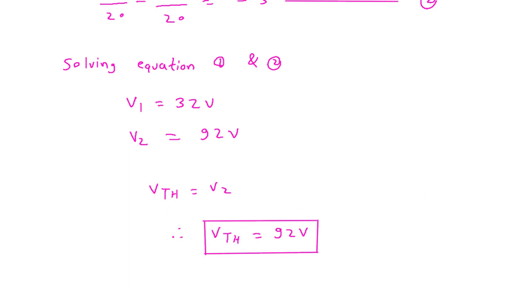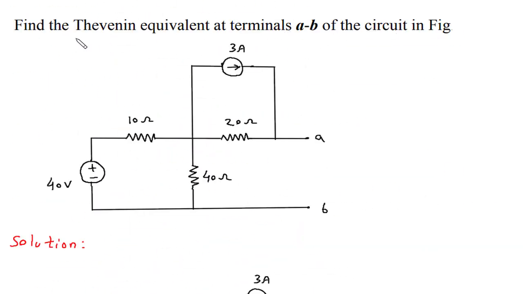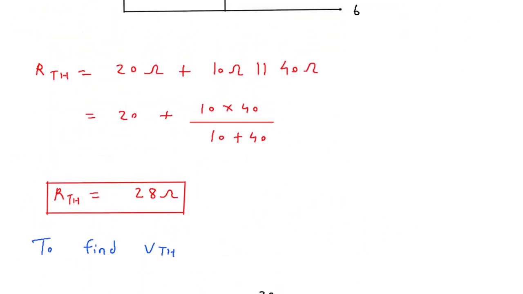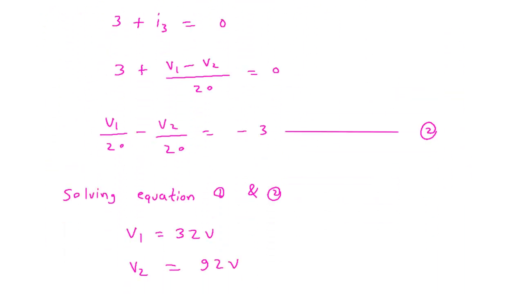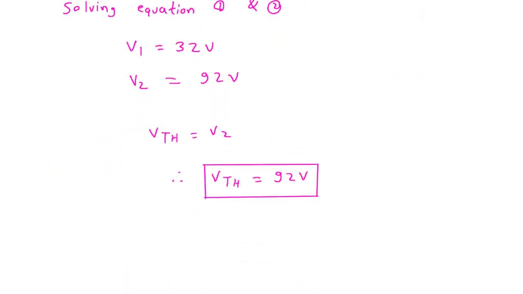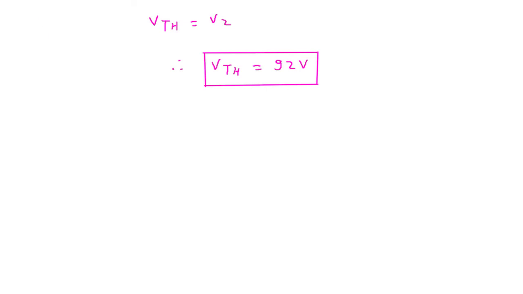What we have to find? We have to find Thevenin equivalent at terminals AB of the circuit. So to find Thevenin equivalent circuit, we need RTh. This is the value of RTh, 28 ohm, and VTh is 92 volt. Its Thevenin equivalent circuit will be Thevenin's resistance in series with Thevenin's voltage.